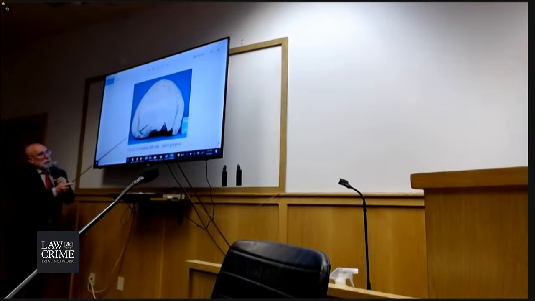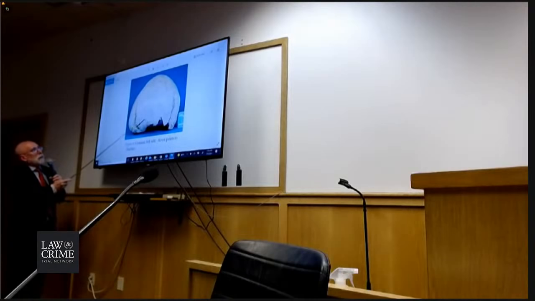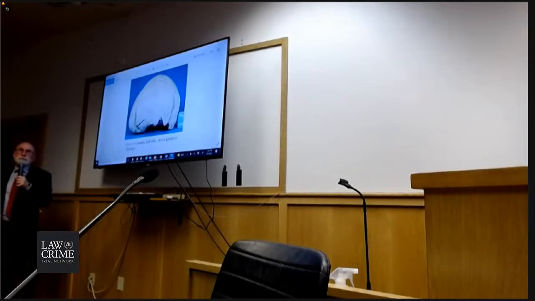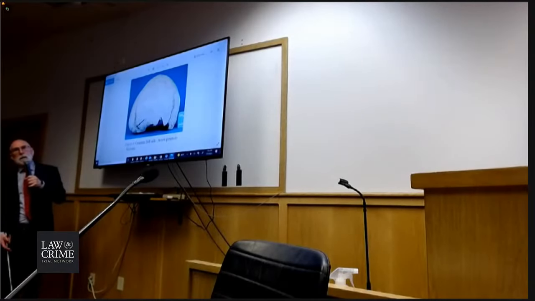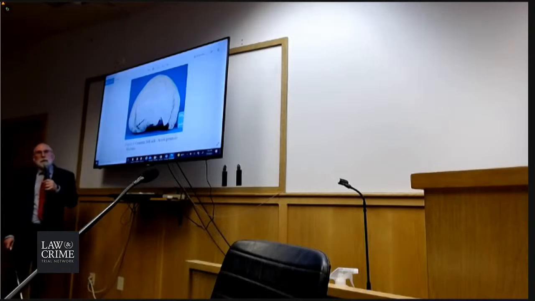This photograph I looked at earlier, but I asked not to use that one because there's discoloration on the surface of the cranium. And this is the fracture, which is actually anterior to this dark area. And you testified about this fracture, and let's do some more anatomy here real quick.